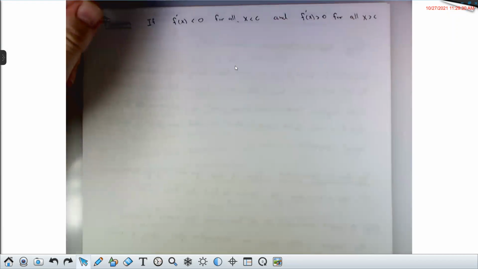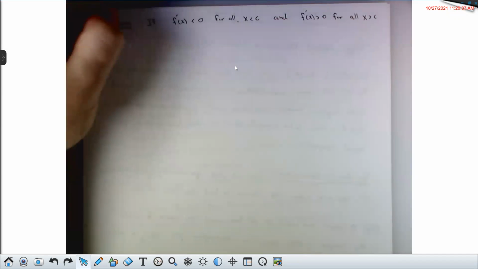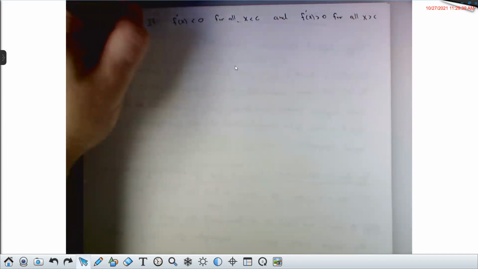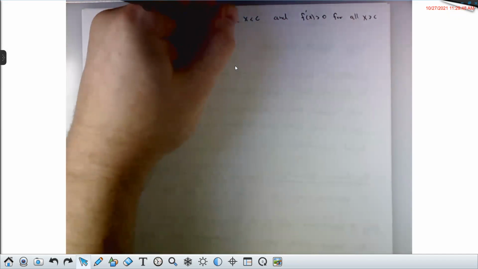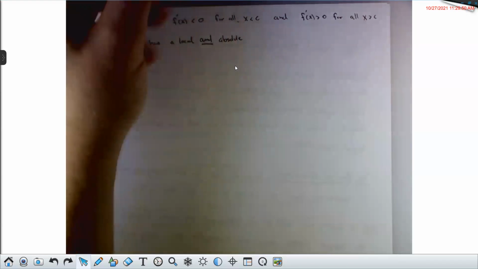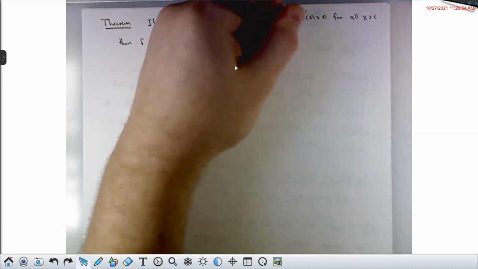But what's more, if you're always decreasing to the left of c and always increasing to the right of c, then f has a local and absolute min at x equals c.